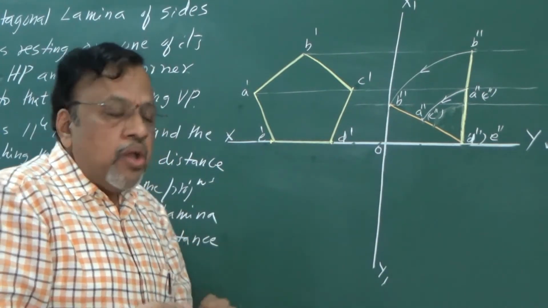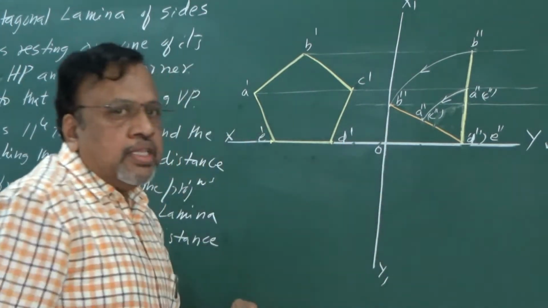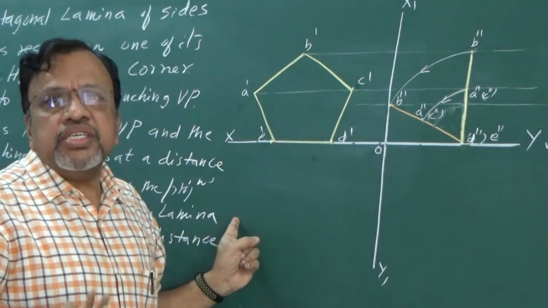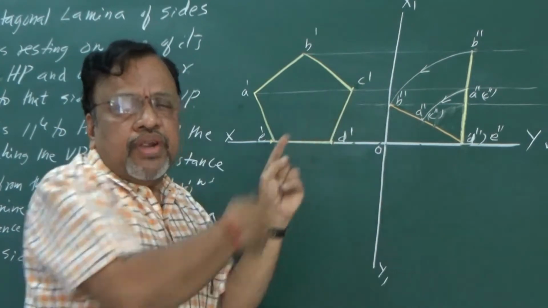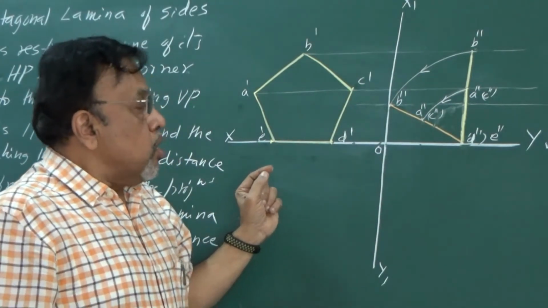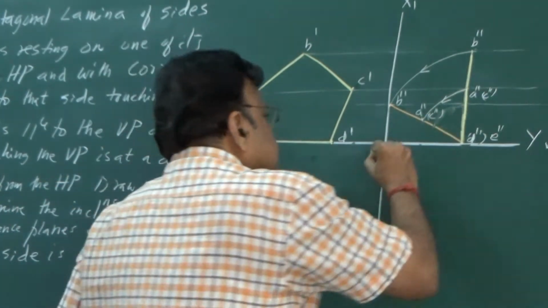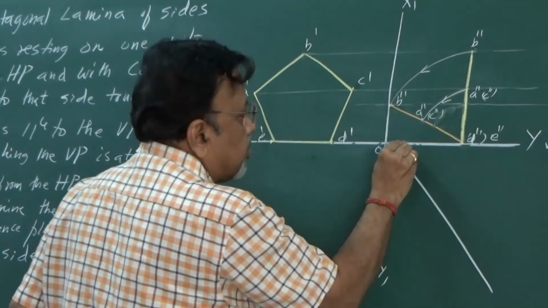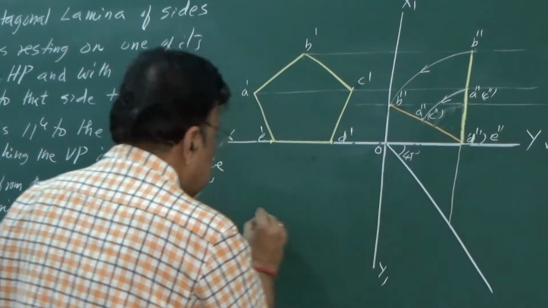What is the procedure? Wherever we have the top view, I should draw this 45 degrees line. The purpose of drawing this 45 degrees line is to transfer the VP distances, whereas HP distances we transfer from the front view. That is the reason we say that your side view should be in line with the front view. So this is 45 degrees. Okay, so let us get this.